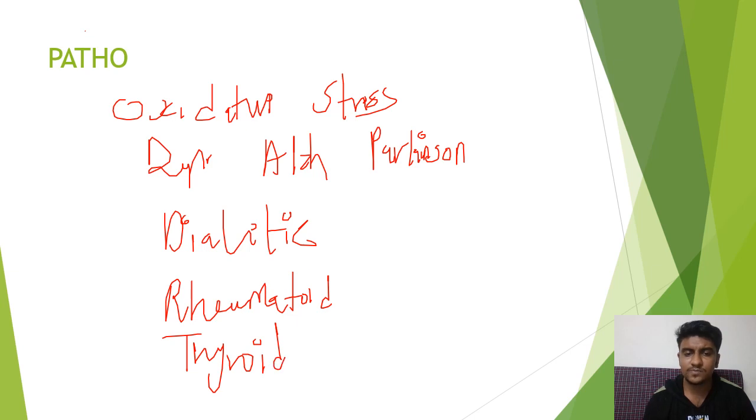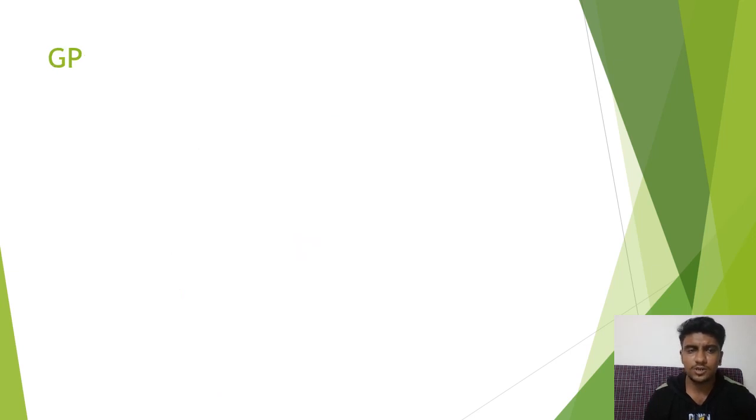How is rheumatoid arthritis caused: TNF alpha, interleukins. What is the role of different rheumatic bodies, rheumatoid nodules, rheumatic factors that are causing it? So this was the basics of our pathophysiology.